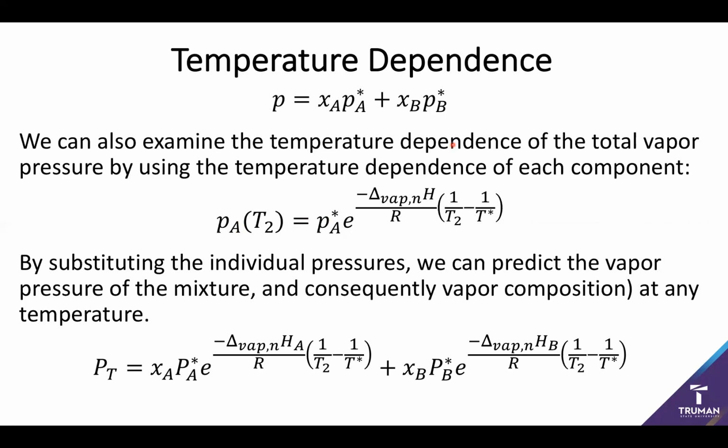And what we find is just like we can use the enthalpies of vaporization for a pure component to determine the vapor pressures at elevated temperatures, we can do the same thing for the vapor pressure of a mixed phase, as its pressure and thus its composition will likely change as an effect of temperature, and this will be largely modulated by the difference in enthalpies of vaporization, just as the vapor pressure at room temperature is largely modulated by the comparison of the vapor pressures at that temperature.